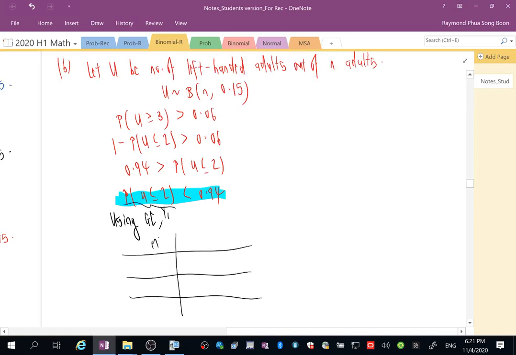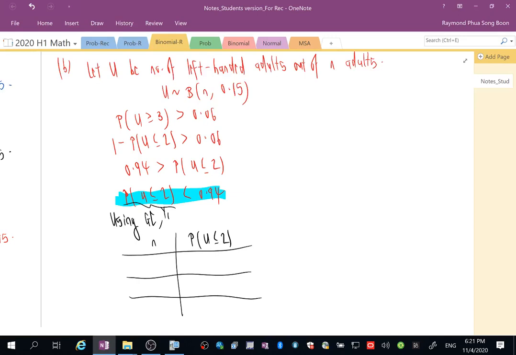Okay, so in our presentation, we use GC table to see when is it that the value of n will cause probability of U less than or equals to 2 to first be lesser than 0.94. So we copy down the values from our GC.